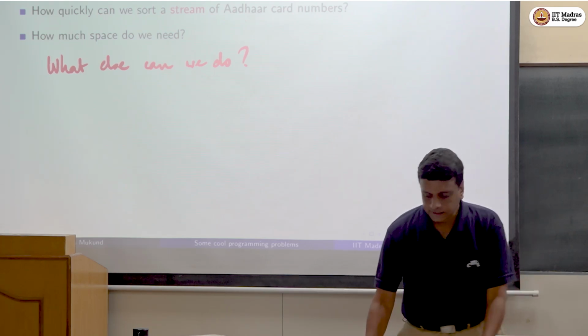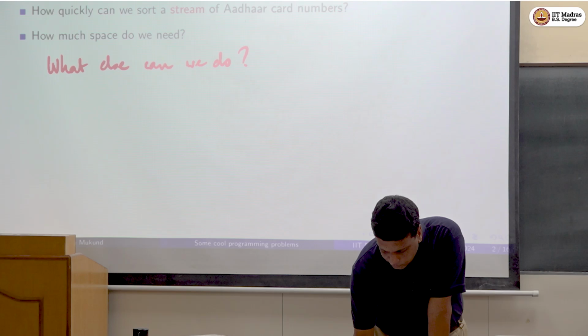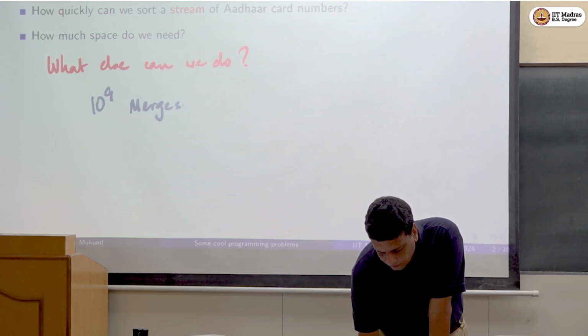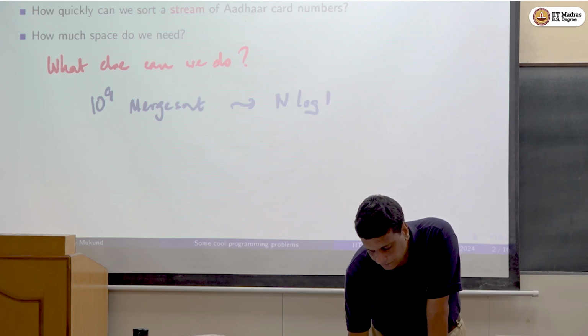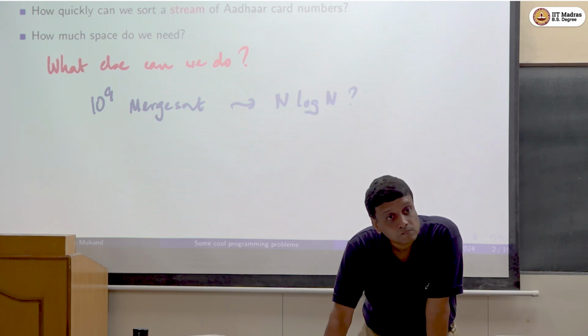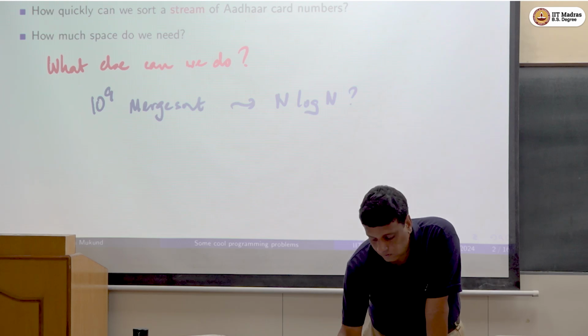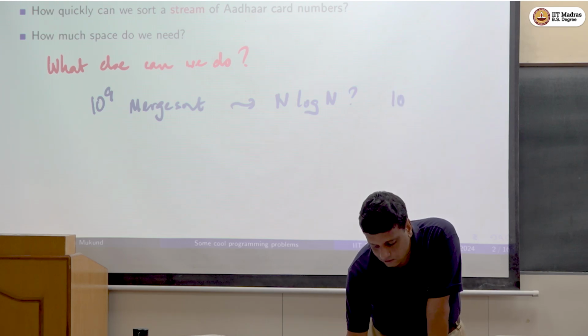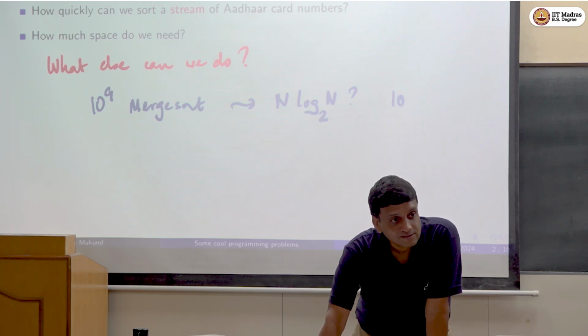But now notice that in merge sort, right, with 10 to the 9, what is n log n? So what is log to the base 2 of 10 to the 9?